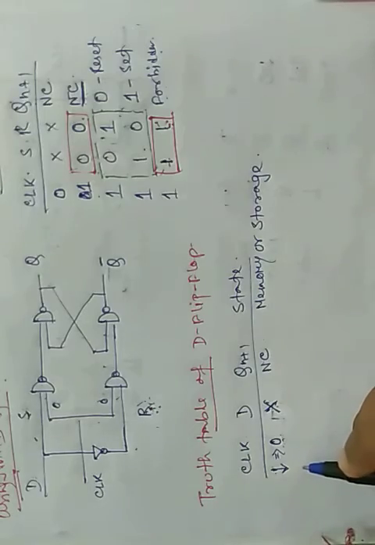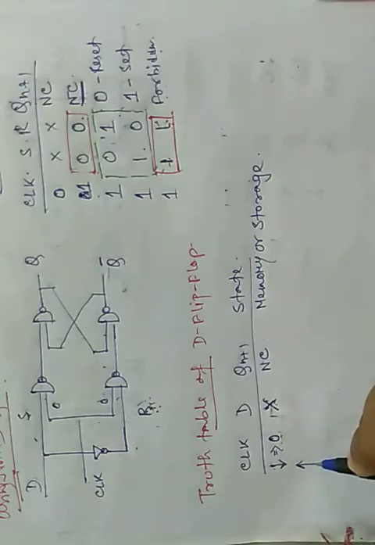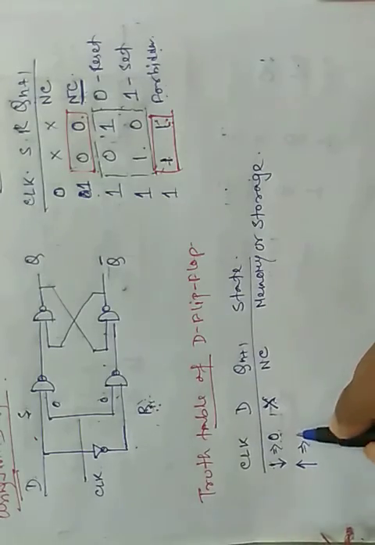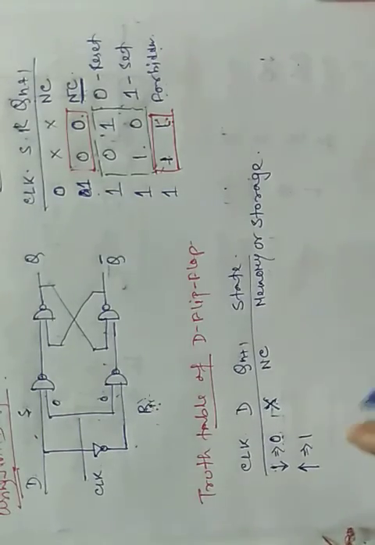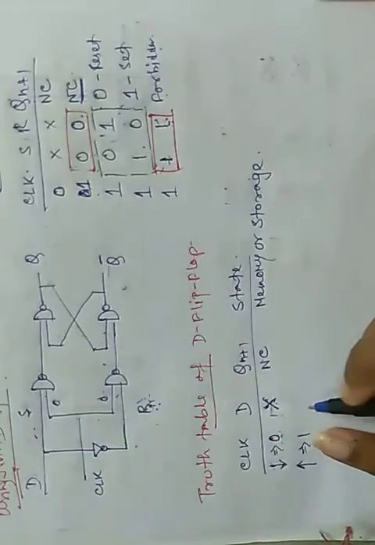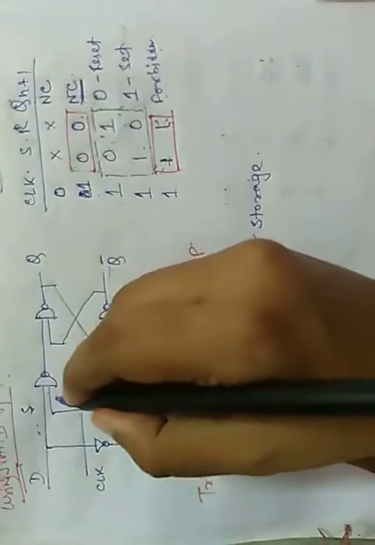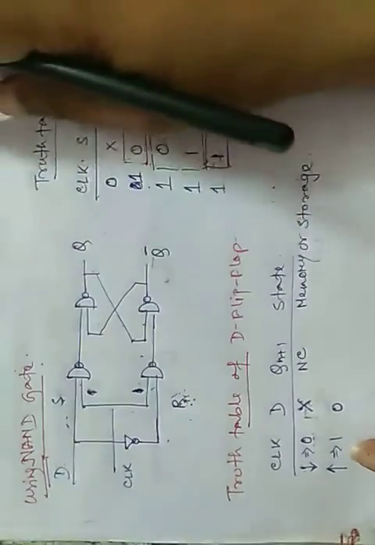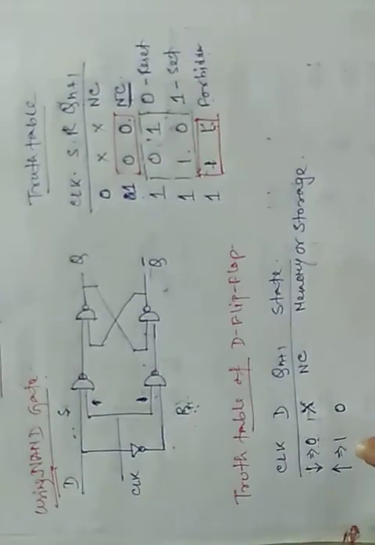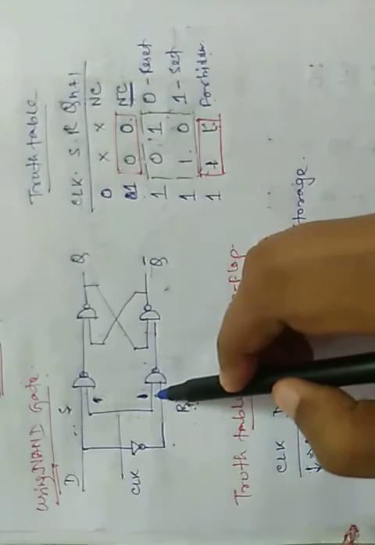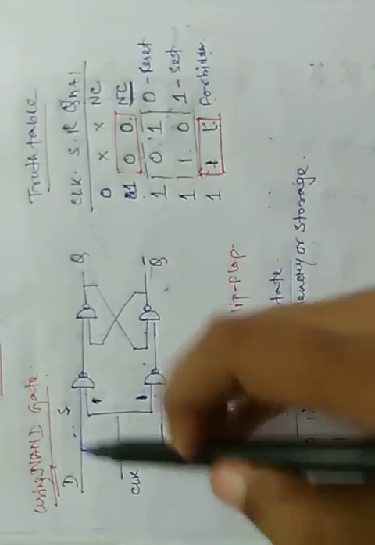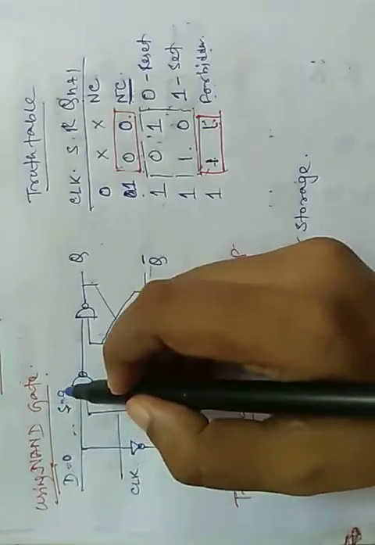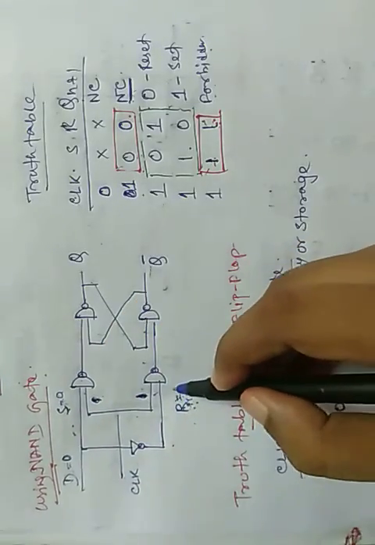Clear? Now, at the positive edge of the clock pulse, that is 1. Now let us see when D is 0, as the clock is 1. Okay, clock is 1, but when D is 0, S is 0 and R is 1.